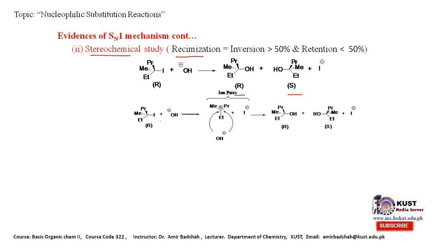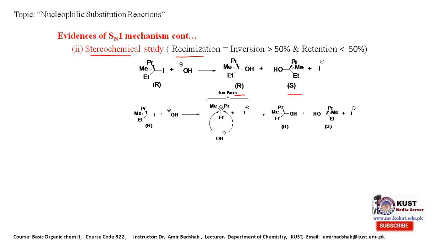In the first step we get a carbocation, then in the following step OH will attack. So there are two possibilities for the OH. The OH can attack from the front side, which means the side through which the leaving group left, and the other can attack from the back side.